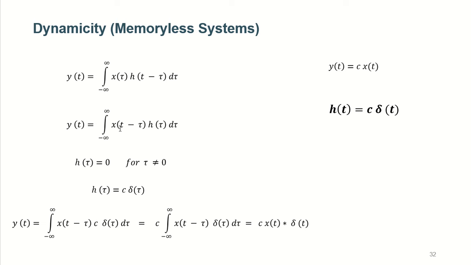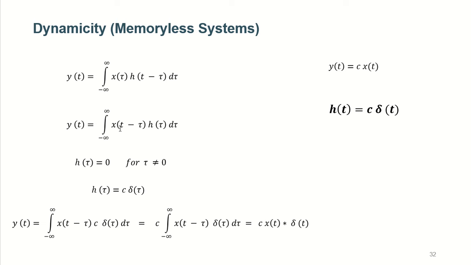So y of t will be dependent on x of t only when tau is equal to 0. But what does it mean when tau is equal to 0? This means the value of h of tau will be evaluated only at tau equal to 0.